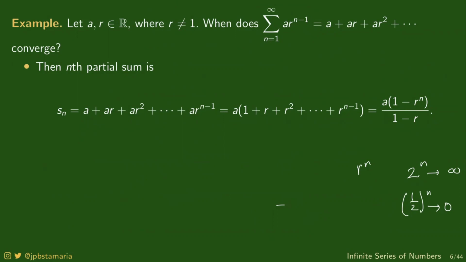Ayan, sabi ng PM, r is between 0 and 1. Correct, nagko-converge if r is between 0 and 1. Pero pwede rin naman ang r equal to 0, di ba? Kapag ang r is 0, you get what? You get 0 all the time, so constant. Actually, pwede ring negative yung value ng r. Wala naman nagre-restrict na bawal mag-negative ang r.